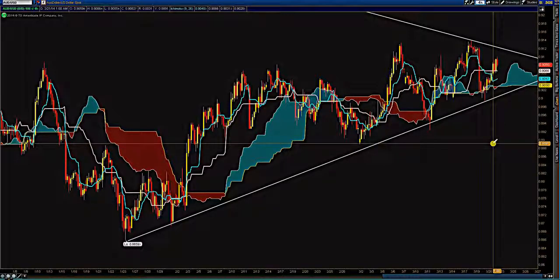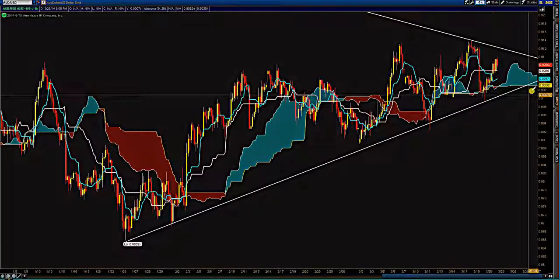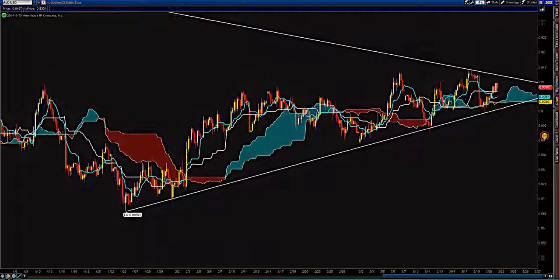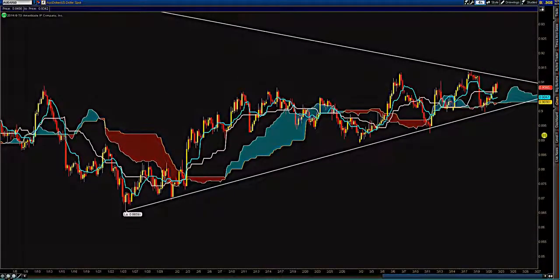So you want to just get yourself familiar with what pairs work well with the Ichimoku. And my next video that I will create is actually going to be using the Ichimoku with pivot points and trend lines, and how to come up with an effective trading plan to have a good success rate.